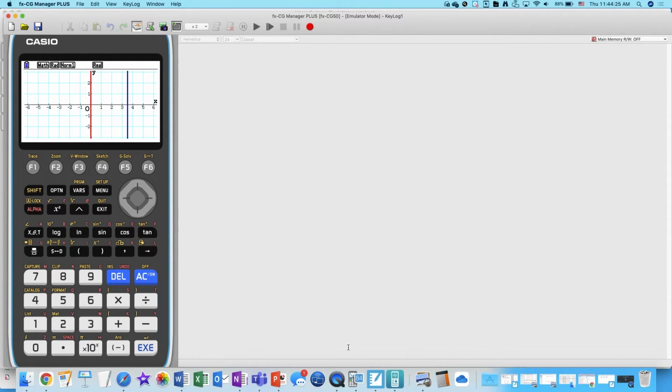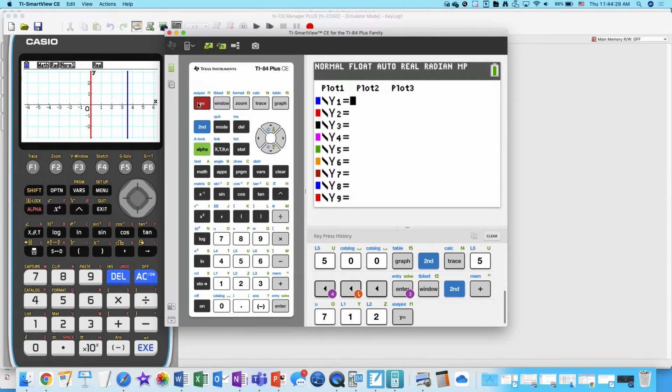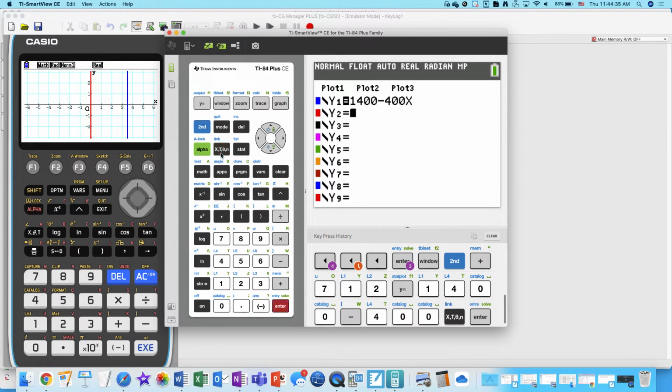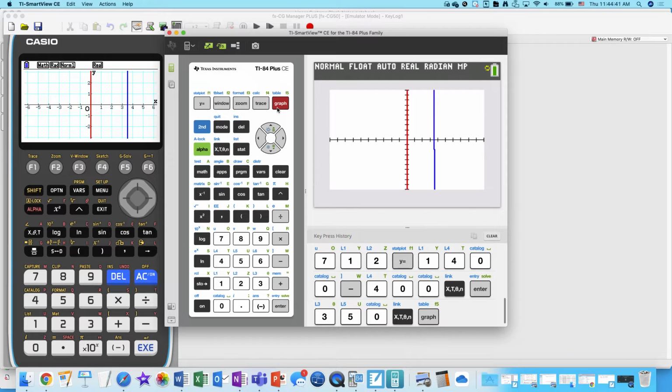I'm going to go to y equals 1400 minus 400x and 350x. Okay, I don't see much there either. Barely see anything. Why? Yes? Your window setting. Yes. So this is the hard part to solving these applications graphically.